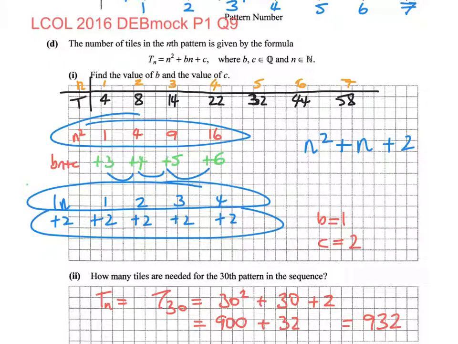And by the way, just as one final aside, I'm looking through the mark scheme written by DEB exams for this question, and they got part D completely wrong. They used algebra, they made some basic mistakes, and it threw the whole thing out. None of my 3 methods to get n squared plus n plus 2 involved any mistakes, because I'm just looking at the basic structure of it.